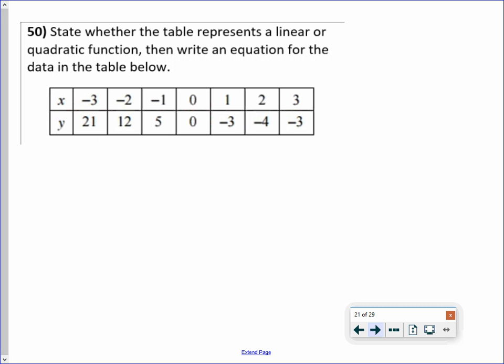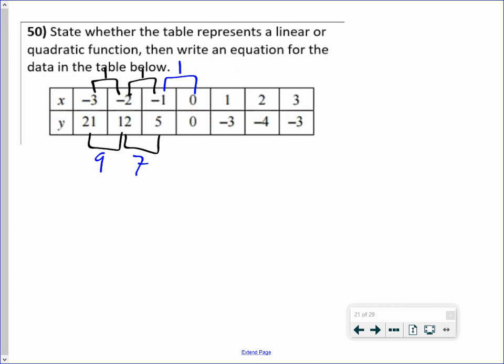This one, state whether the table represents a linear or quadratic function. So here is the thing, in a linear function, the rate of change is constant. So look here, we went up 1, but here we went down 7. Here we went up 1, but here we went down, I'm sorry, that wasn't 7, that was 9. Help if I could do math. This one's 7.